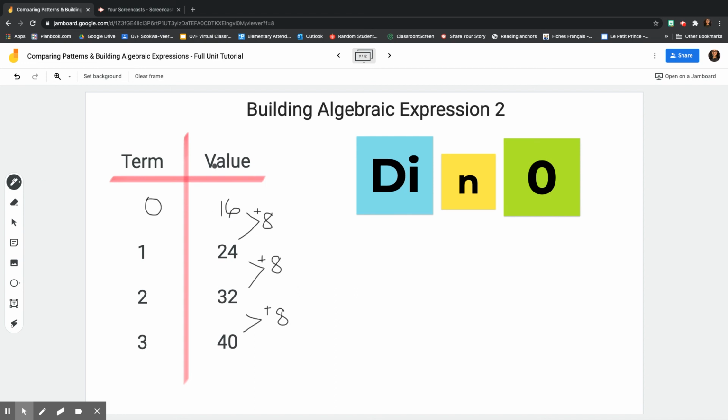Okay, so 16 is our term 0. So this difference is 8. We would bring the n down, and then we have a plus 16. So we end up with 8n plus 16. And there we have it. We have our algebraic expression.